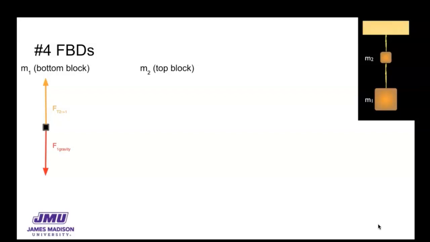Newton's third law, as a reminder, tells us that every force on your free body diagram would appear on a different object's free body diagram, pointed the opposite direction. So these two happen to be equal and opposite because the acceleration is equal to 0, not because of Newton's third law.